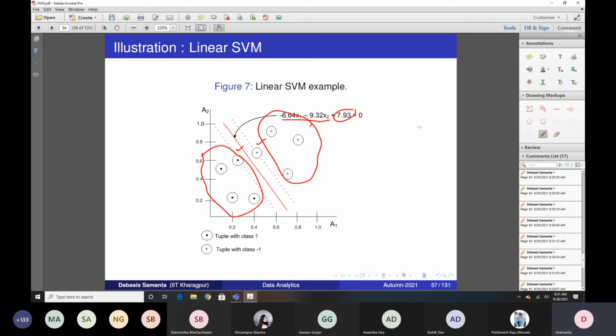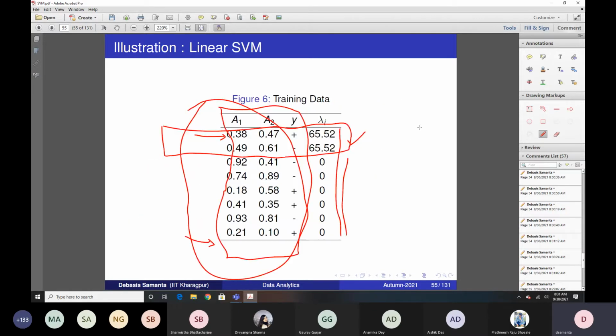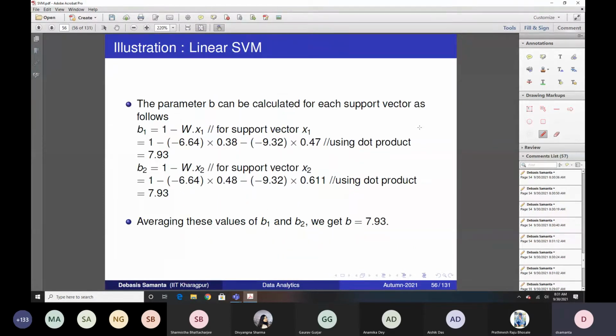Now the B value can be calculated if you consider the B calculation, which is W dot x plus B equals 1, right? So in that case B1 equals 1 minus W dot x1, where x1 is the first support vector. Similarly, we take into account the second support vector, because there are two support vectors, x2.